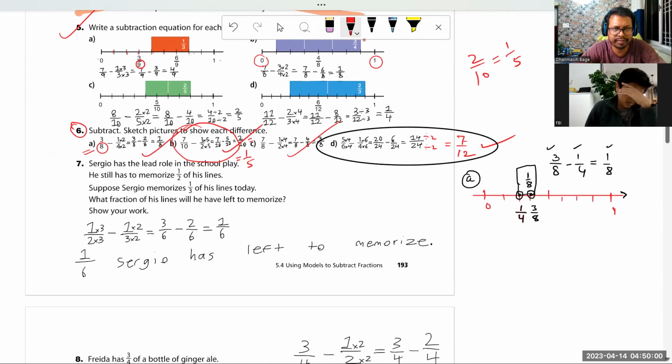Okay, seventh question. How do you read that name? Sergio. Sergio has the lead role in the school play. He still has to memorize one half of his lines. Suppose Sergio memorizes one third of his lines today. What fraction of his lines will he have to memorize? Show your work. Minus one third.